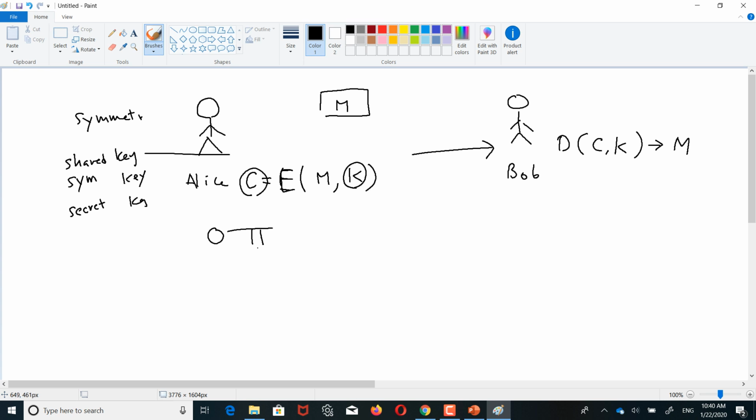Conceptually, what they did is they split this key into a public key and a private key. So instead of one key, they split this into two keys. One is called the public key, and the other is called the private key. It has to be like a dual.